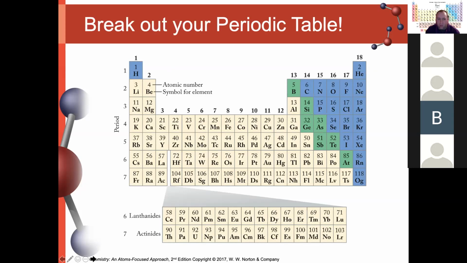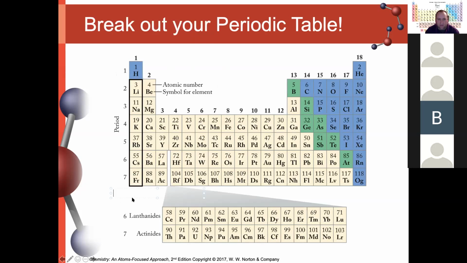Now, we didn't get a chance to talk about this yesterday, so I wanted to draw your attention to a couple of key attributes that we should familiarize ourselves with. First of all, there are some common families that we need to acquaint ourselves with.